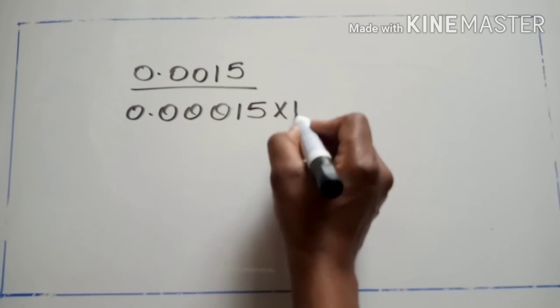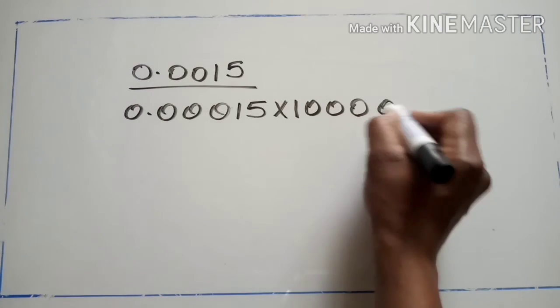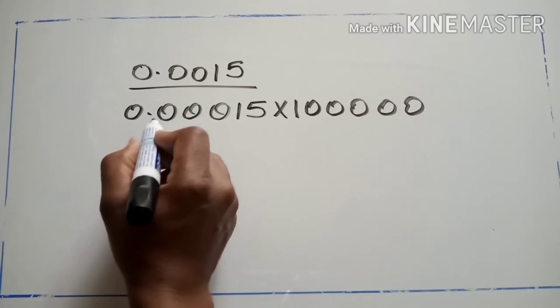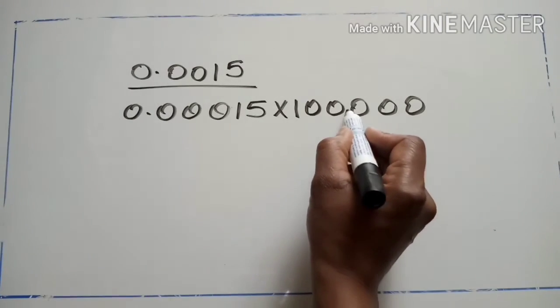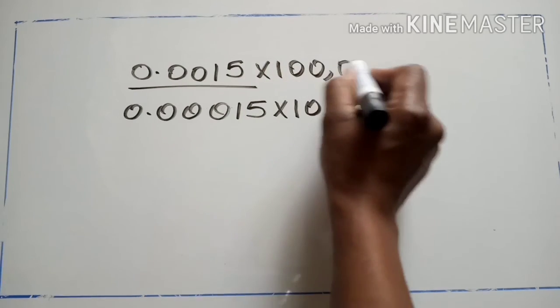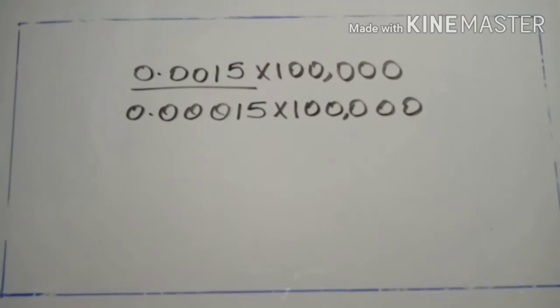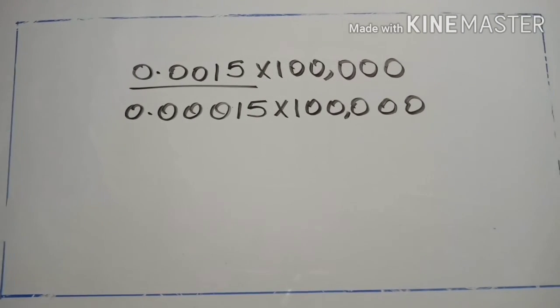That means I will have to have 5 zeros here, 1, 2, 3, 4, 5, for them to remove these 5 decimal places. So this is 100,000. Even the numerator I will multiply by 100,000, and that is the pattern.